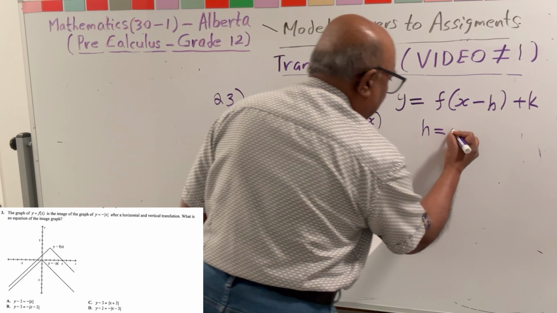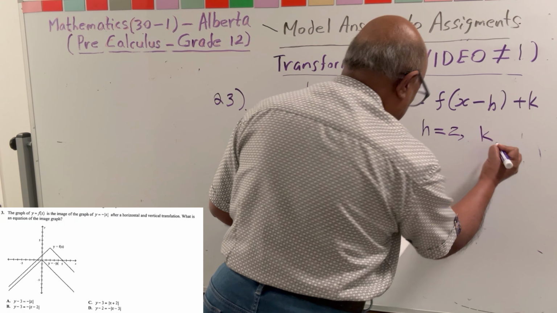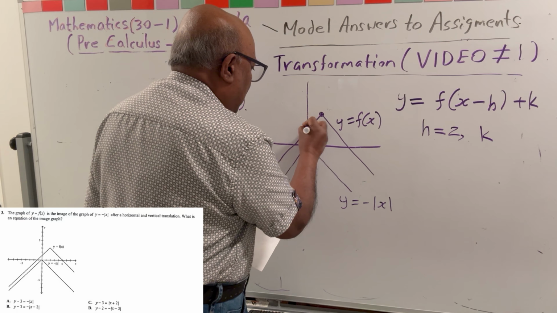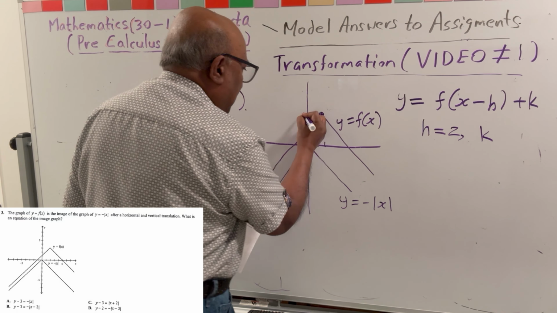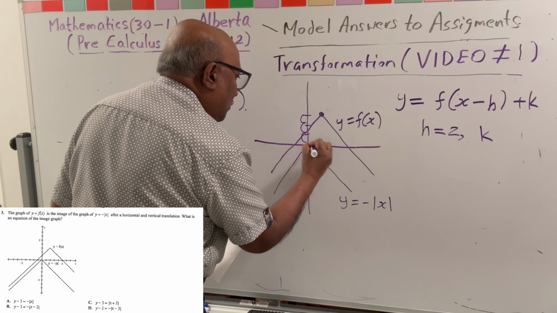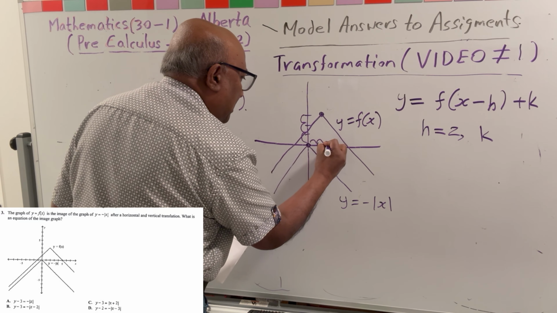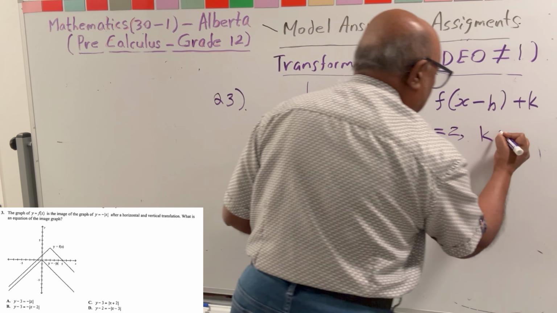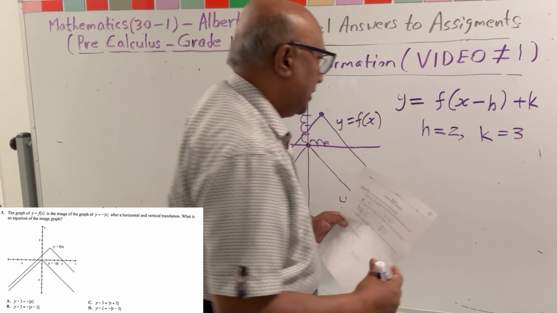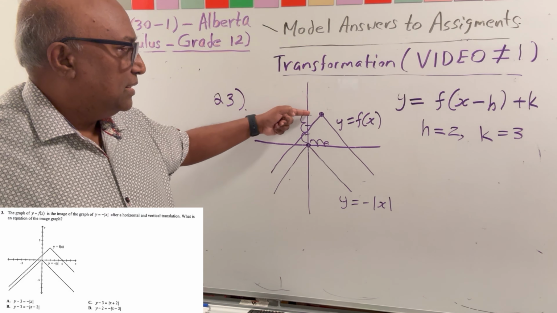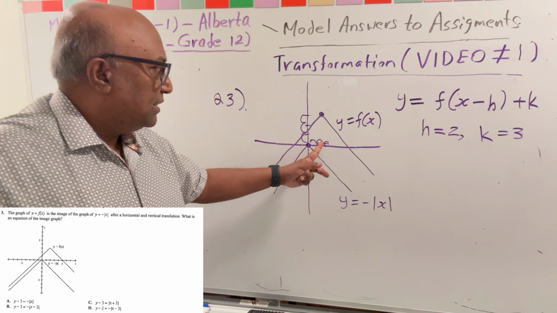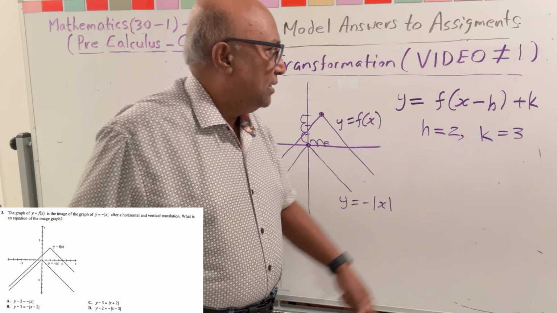H is equal to 2, k is equal to, I can count 3 grids up to here, okay? This is the way students are doing it. 2 grids to here, 3 grids up to here. K is equal to 3. Both are positive, okay? Horizontal translation right, that is h is positive 2. Vertical translation up, k is 3.